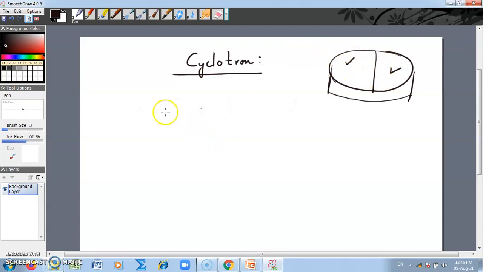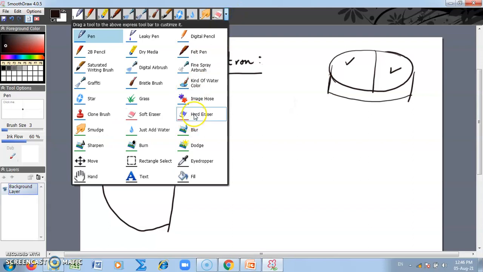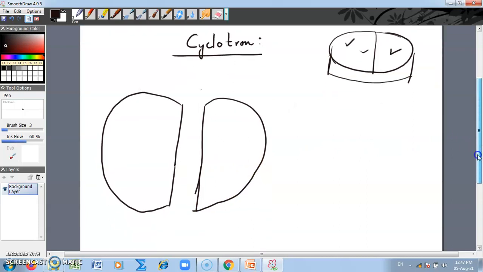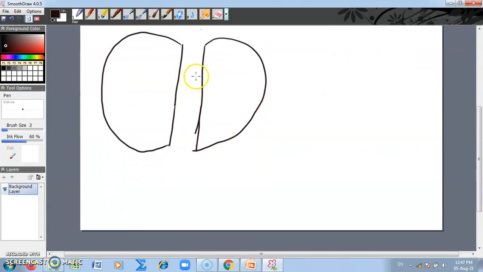So these are called the D's, and so we have these two D's. And you must remember that this is not a flat piece, but a hollow casing like I showed here. So we have two D's with their parallel, straight faces facing each other.